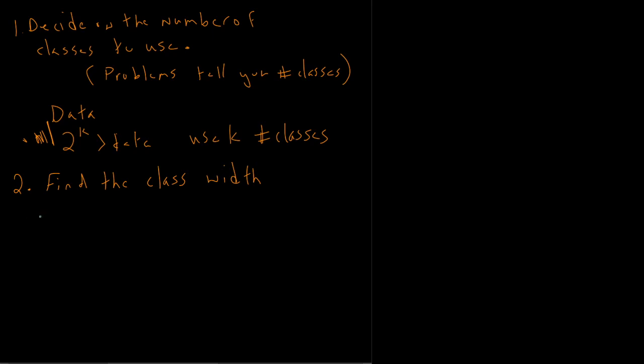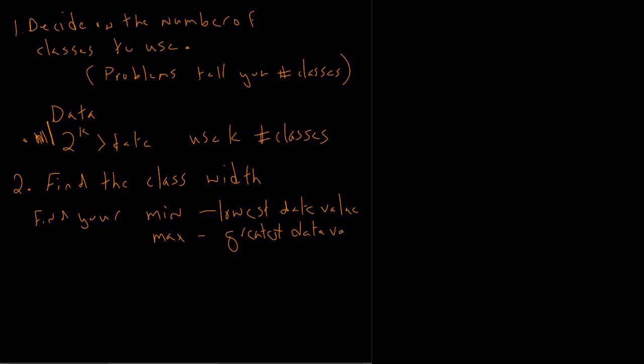Now the range is, you find your minimum, which is your lowest data value, and you find your maximum, which is your greatest data value. And your range is your max minus your min.